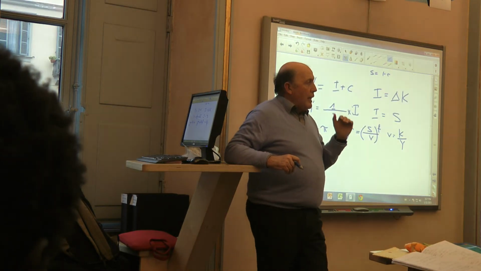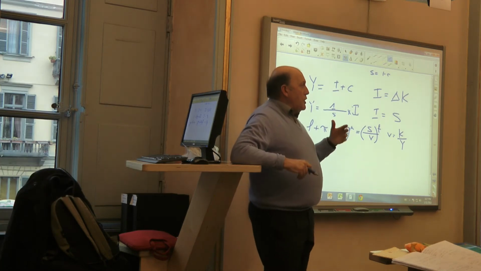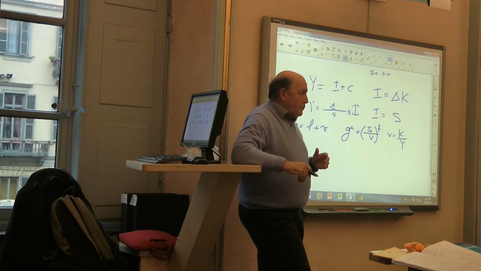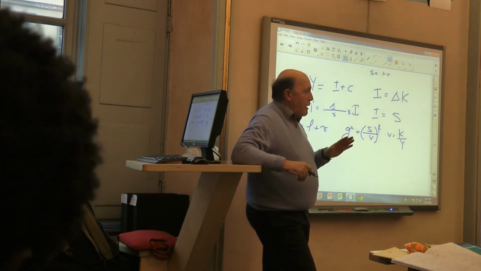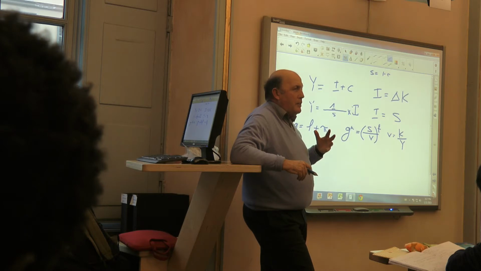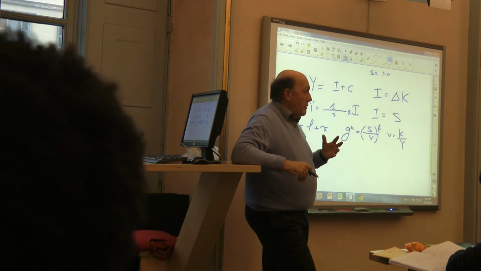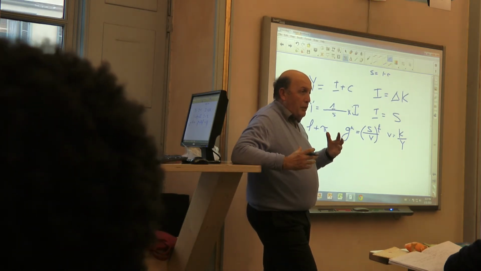In the United States, the percentage of consumption over GDP is 70%. In the case of Japan, it's barely above 50, it's 55%. So this means they have an enormous productive capacity in the investment sector, in the capital goods sector.